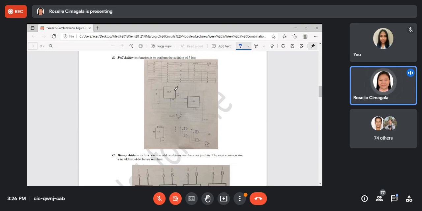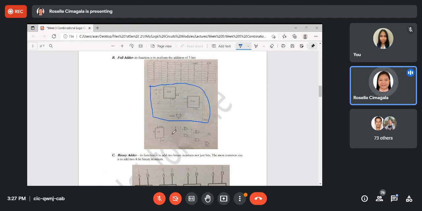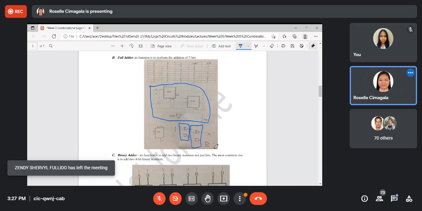Ang output sa last nga XOR mao ni sum, unya ang output sa last nga OR gate mao ni carry.